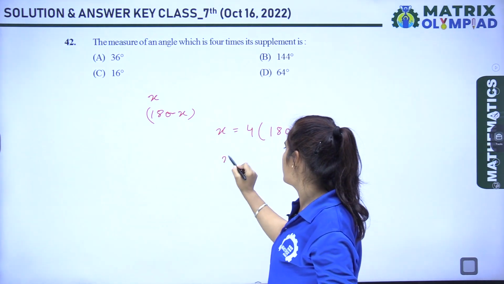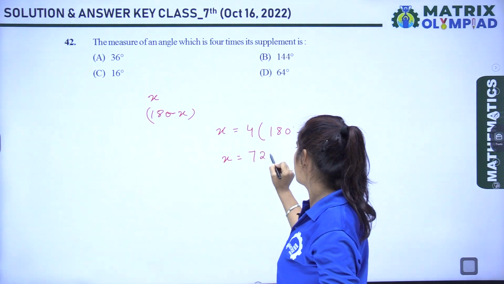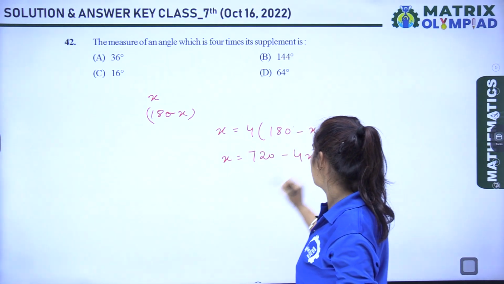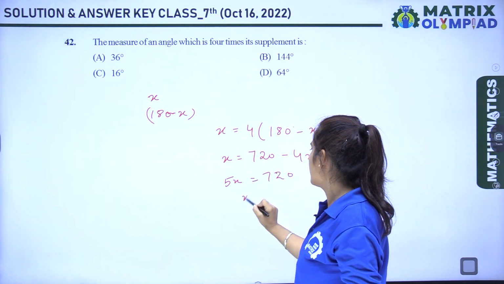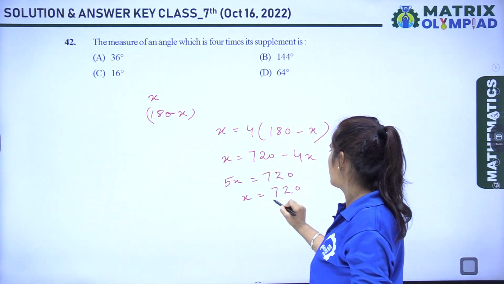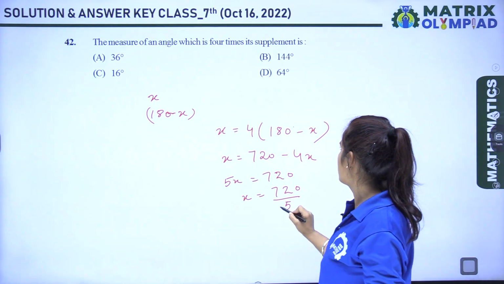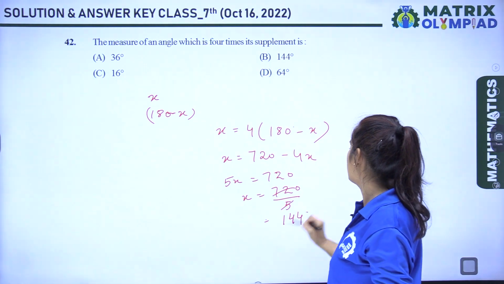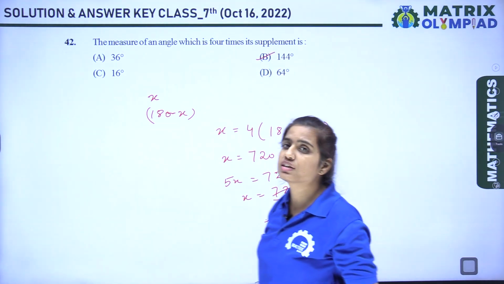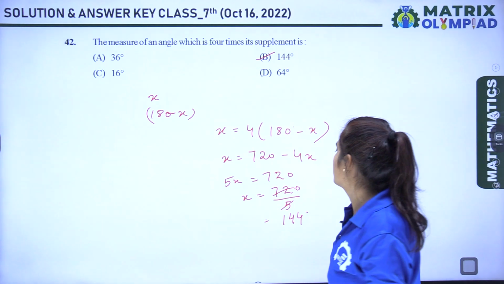So we can say that x equal to 720 minus 4x. So 5x equal to 720, x will be 720 upon 5. This will give us 144 degrees. So option B is the correct answer.